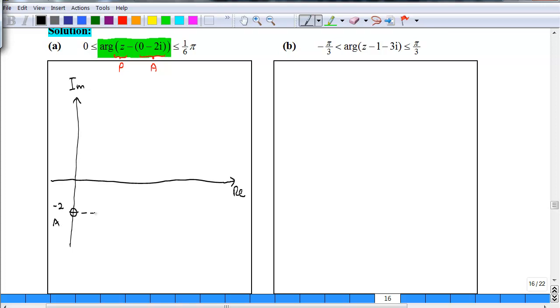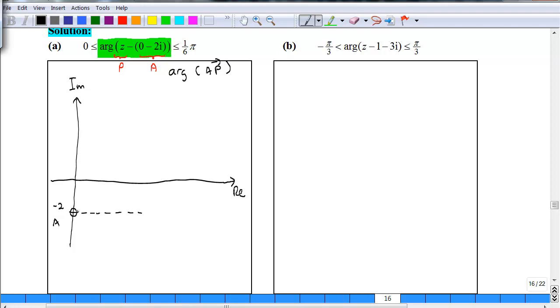You draw the horizontal dotted line. Now in this case, if we look at the analogy of the vectors, we're looking at the argument of the vector AP. That means the angle that AP makes with the horizontal, and this inequality states that the angle is between pi over 6 and 0.